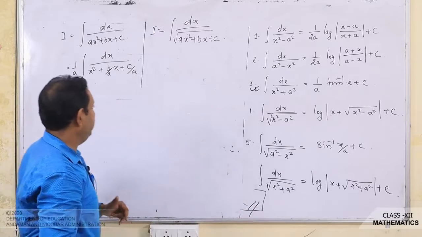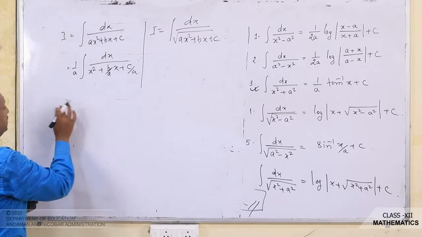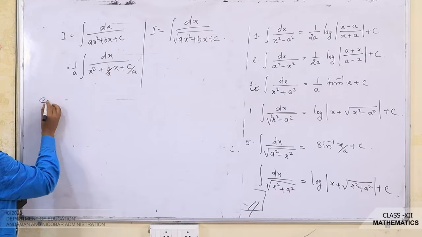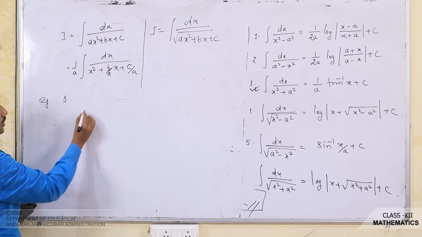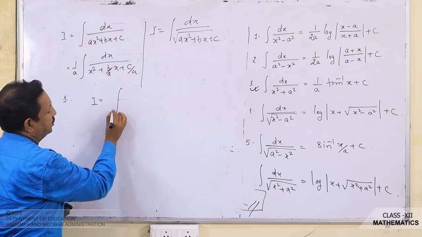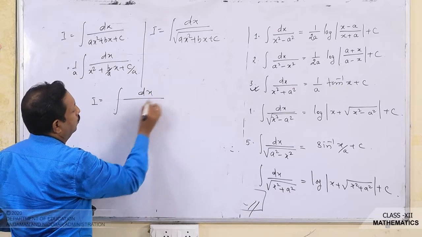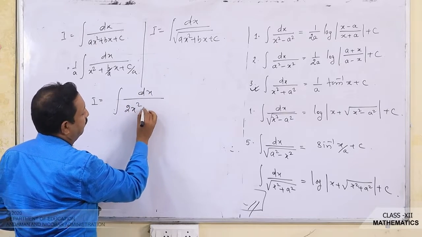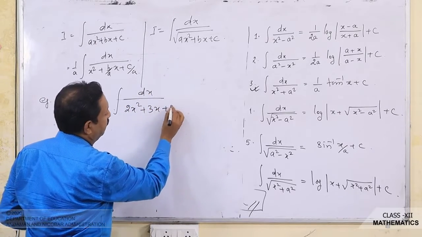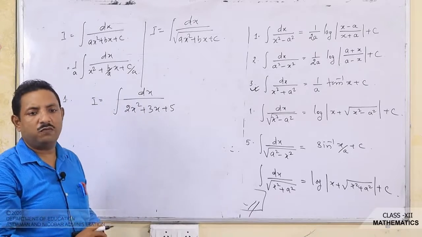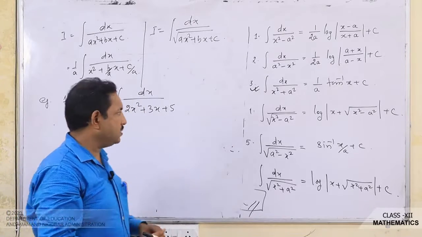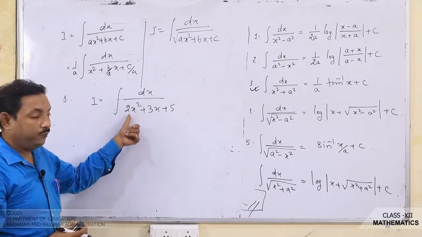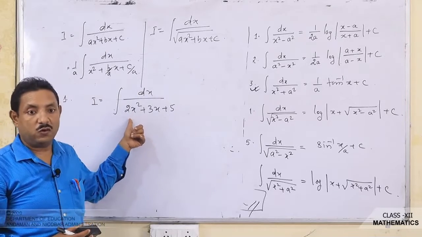Let us take one example, example 1. I am taking I equal to integration of dx upon 2x square plus 3x plus 5. Suppose you are given the integration in this form. So, as usual, as I told you, first make the coefficient of x square 1.